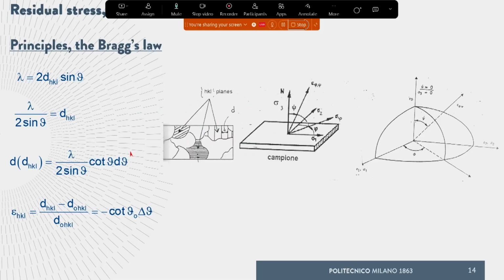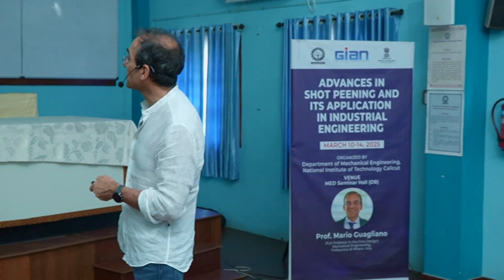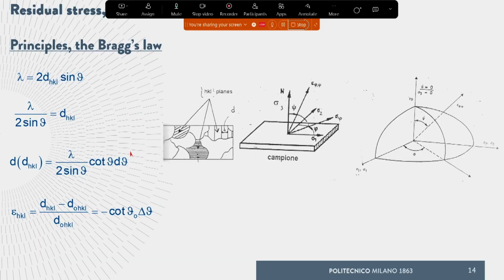Now the next problem is to relate these diffraction peaks, angles, to what? To the strain and to the stresses. And so we start from the Bragg's law, lambda equal to 2 times the lattice spacing according to generic Miller index HKL, times sin theta.